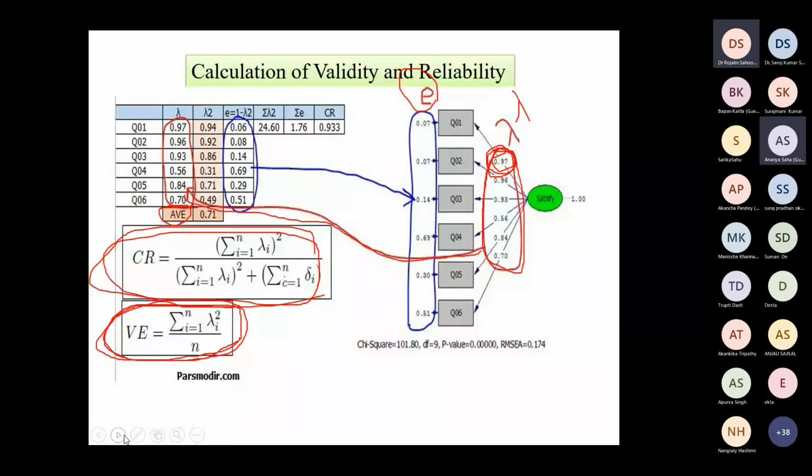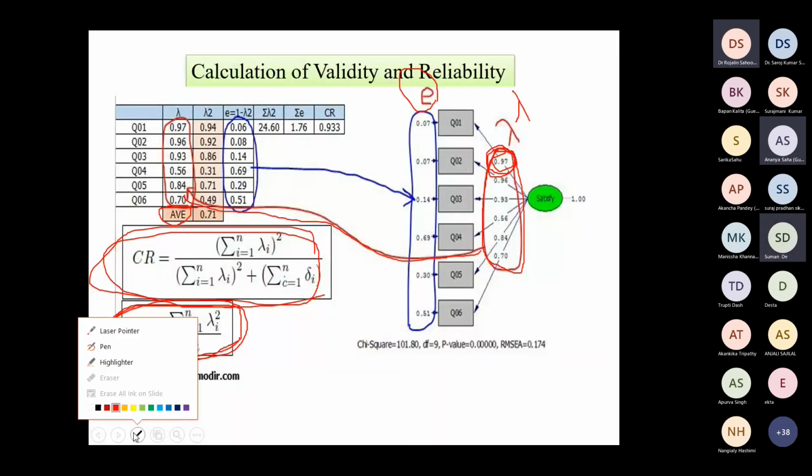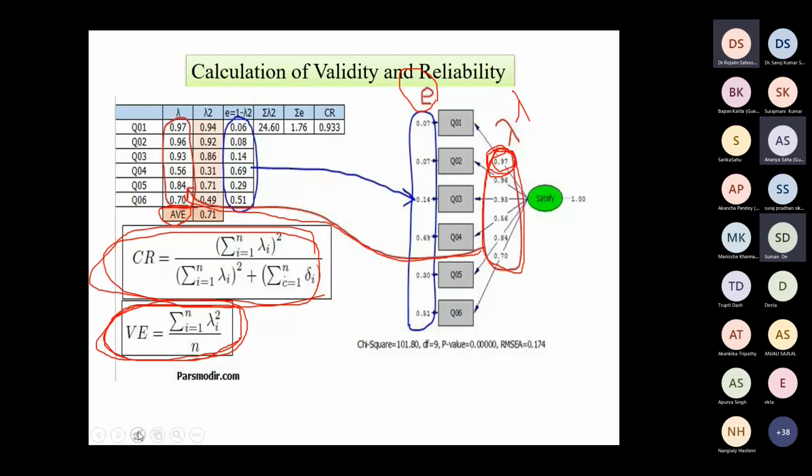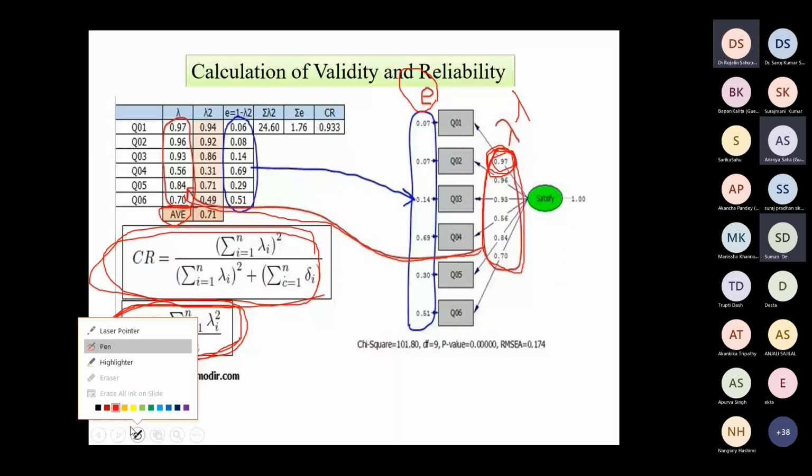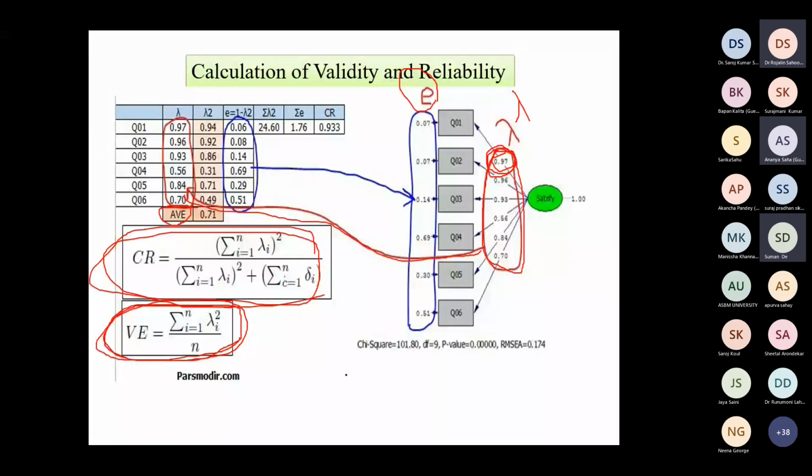Have you done it? Add the lambda values of a single construct, then square it. Yes, sir. 14.6689. Again, please repeat.